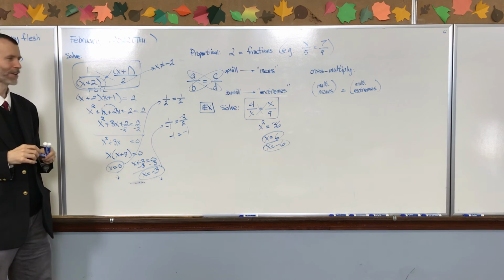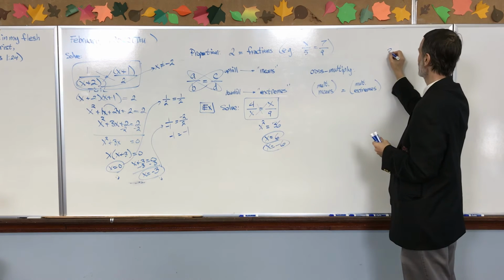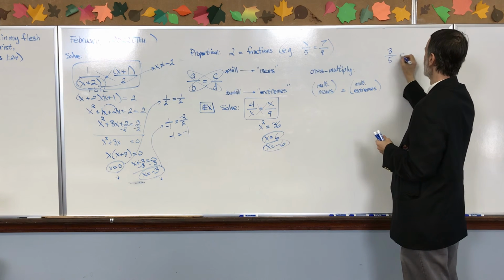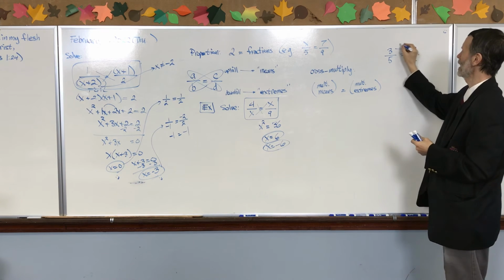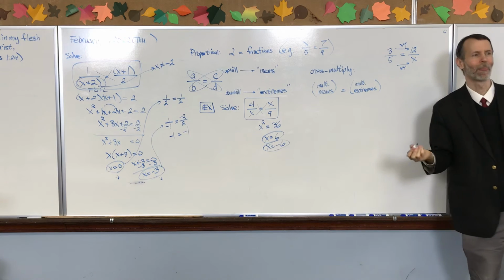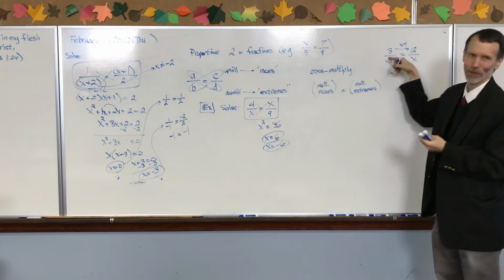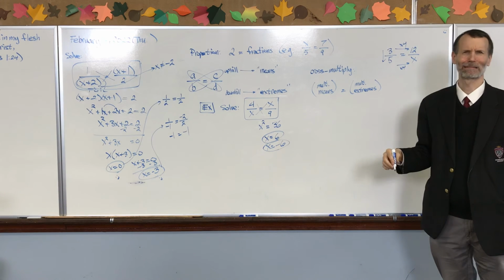How do you do it in general? Take a really simple example: 3 over 5 is equal to 12 over x. Here you say, hey, it's times 4, and you just do the same thing on the bottom, so 20. That's simple. Now going down would be annoying: 3 times something is 5.